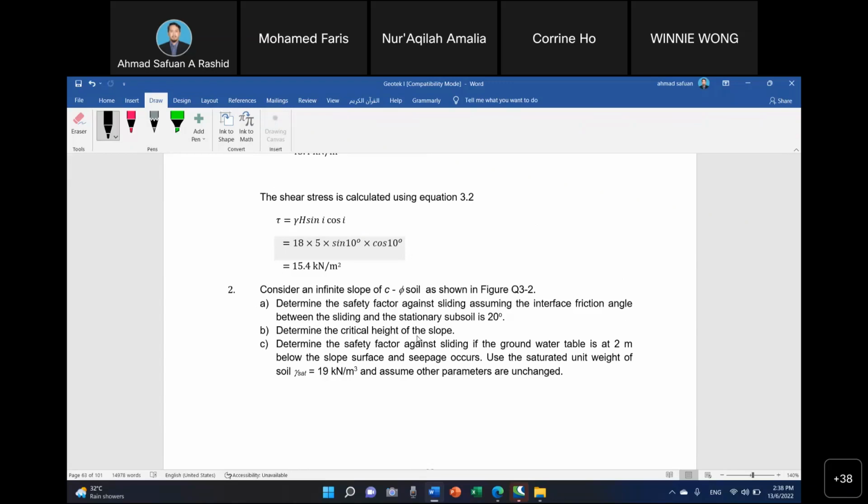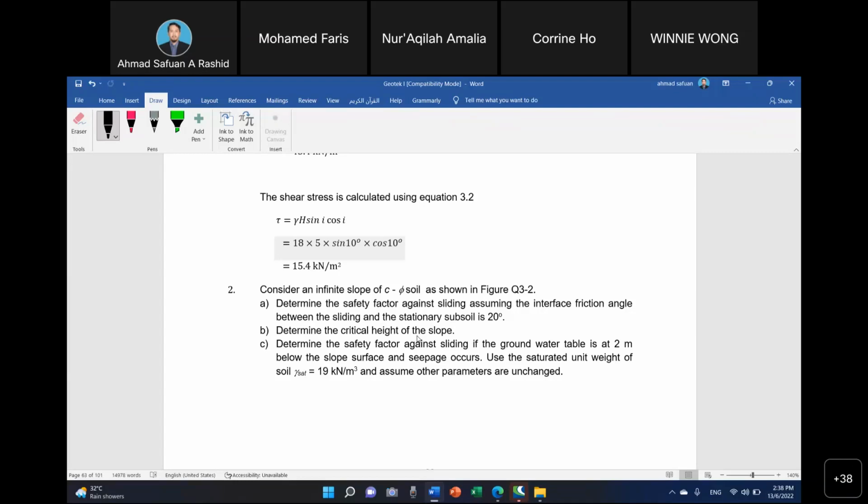B, determine the critical height of the slope. Means that what is the height if the value of the factor safety is equal to 1. So the C, determine the safety factor against sliding if the groundwater table is at 2 meter below the slope surface and seepage occurs.